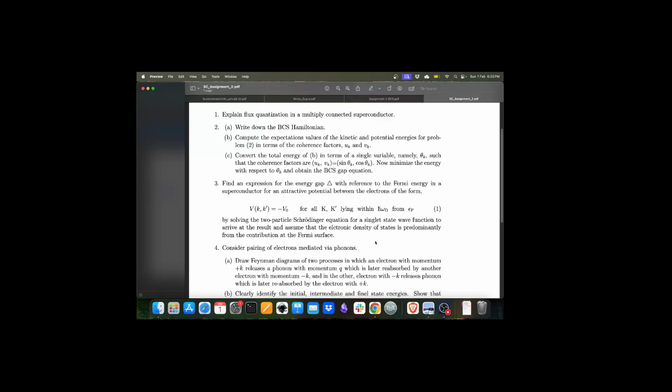The third part is to convert the energy obtained in the previous part in terms of a single particle variable, where we usually take theta as a variable, such that the coherence factors are sin theta_k and cos theta_k, and then minimize the energy to obtain the BCS gap equation.